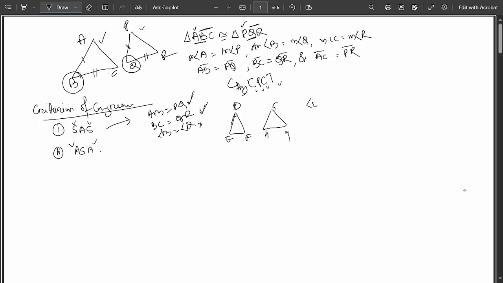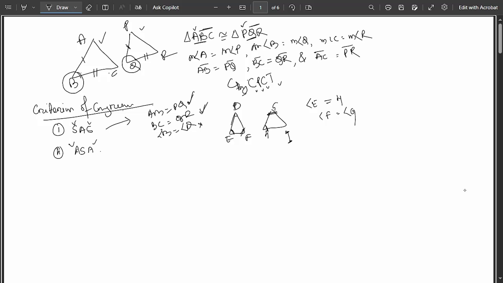Suppose angle E is equal to angle H and angle F equals angle G. That means their intermediate sides should be the same.